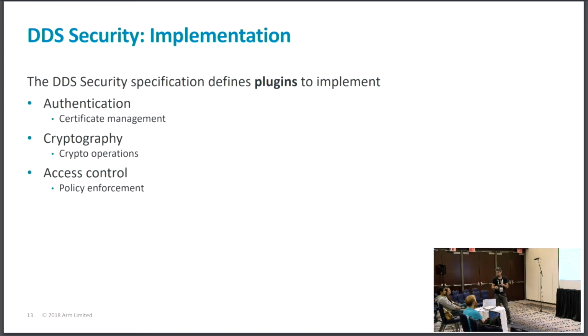The first is authentication, which deals with everything related to the certificates and key management on the system. There is another plugin, which is the cryptography, and all the encryption and decryption, all the aspects of it, are dealt with in that plugin. And the access control, which is the one that puts everything together and enforces the policy of how these are all used.